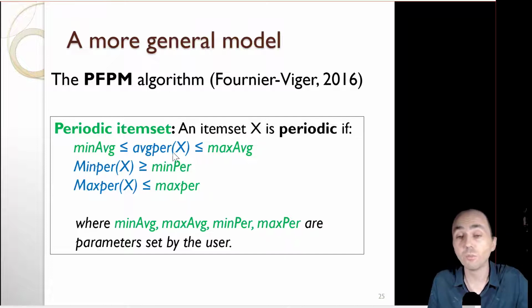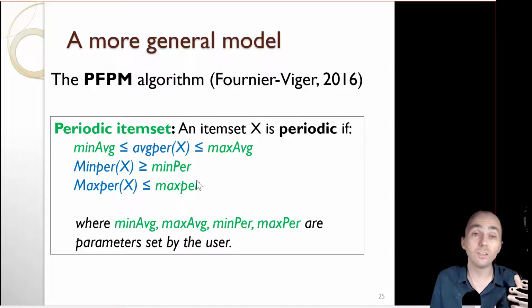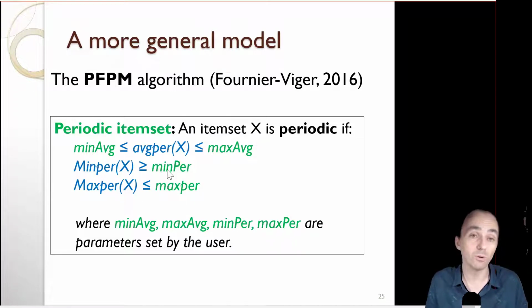But here you have more flexibility. You can use more parameters, and if you don't want to use all the parameters, you can remove some. You can set the minimum to 0 or the maximum to infinity and so on. So this is really a more general problem.